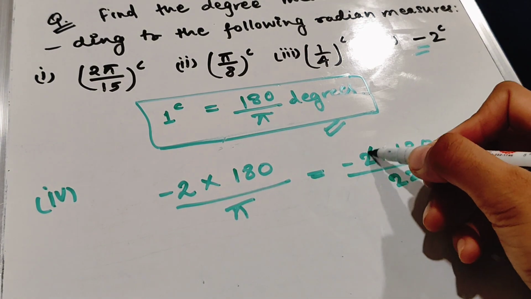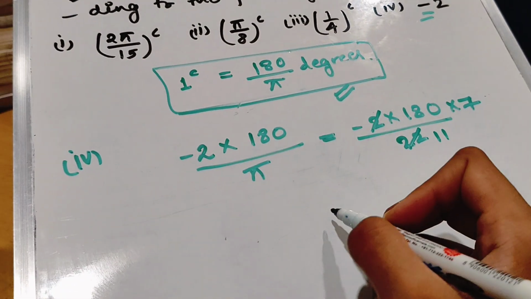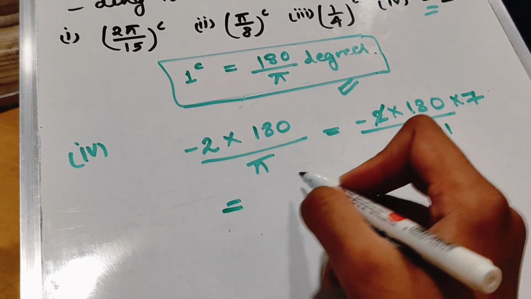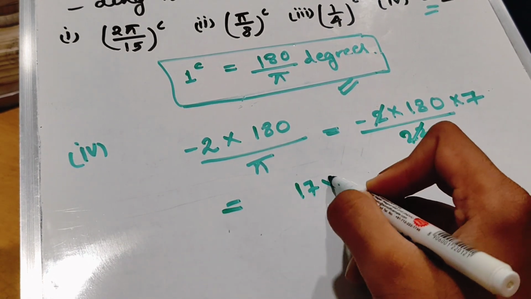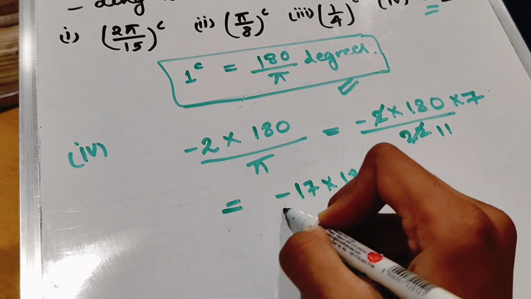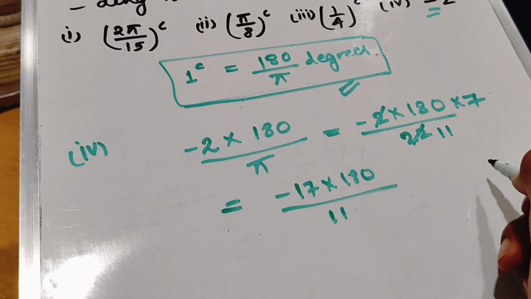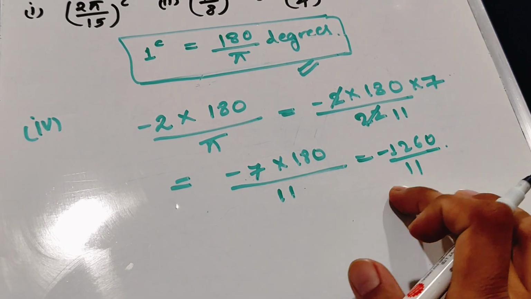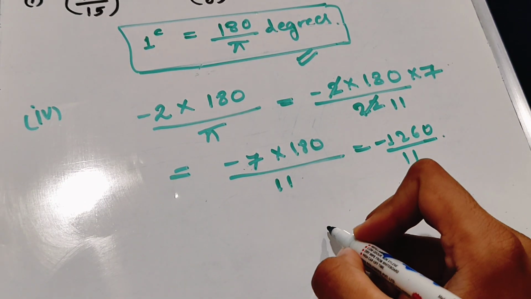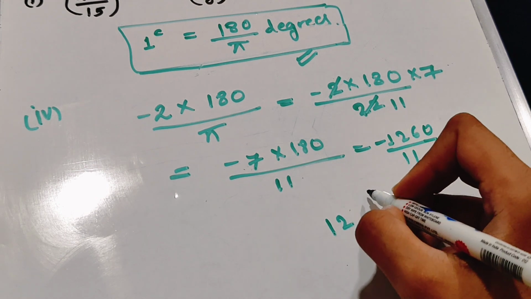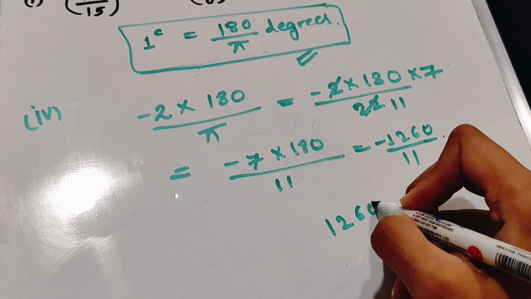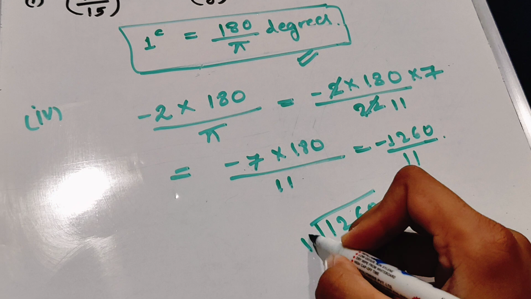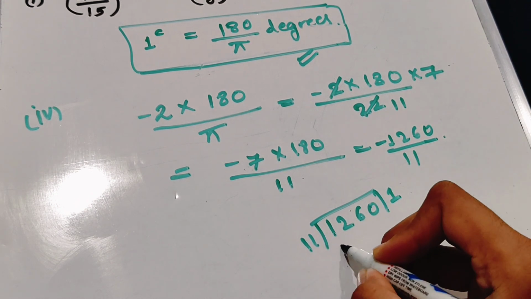Now this will cancel 11 times, which means that this will become 17 into 180 upon 11. So this is what you get on solving this further. Now again, we will convert it to a mixed fraction.